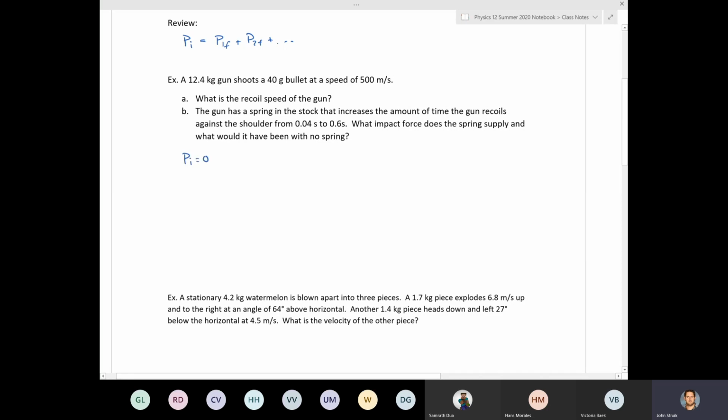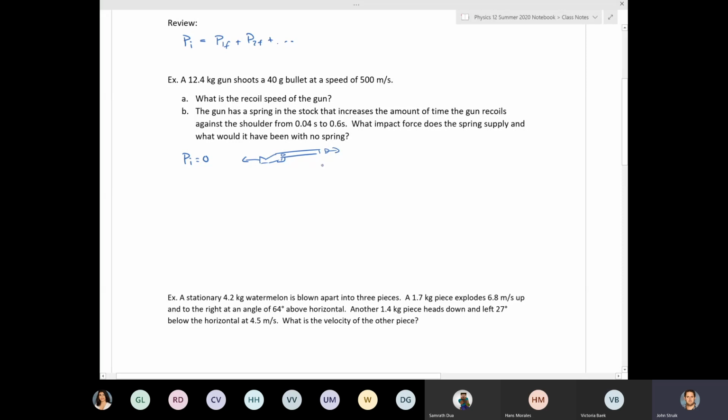If you were to draw this, there's your gun, and the bullet's in the chamber. As the bullet goes that way, the gun has to go the other way, because you can't create forward momentum without some backwards momentum to counteract it. If you start at 0, you still need to end at 0.